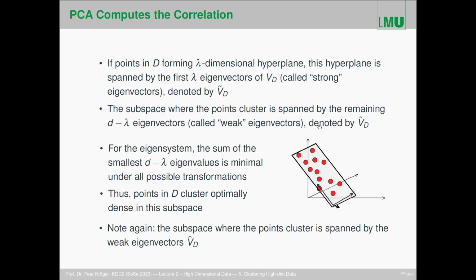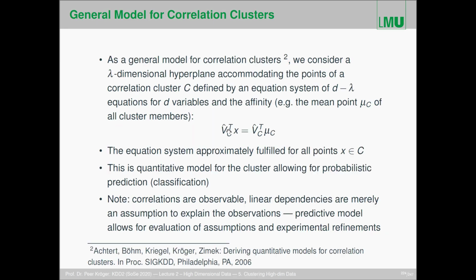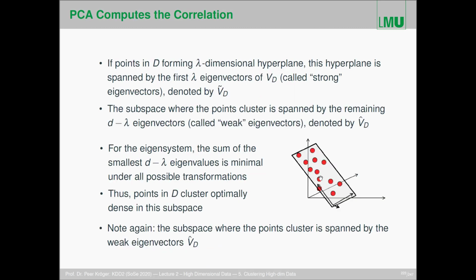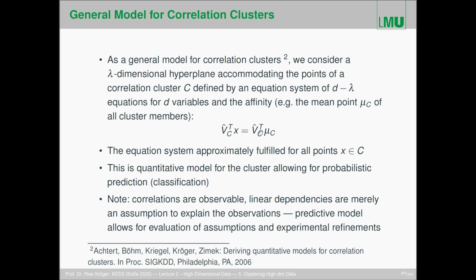So we take all the weak eigenvectors from here, and the x's are actually the points, the cluster members, and this is the affinity. And all the points that lie on the same hyperplane, so if the points lie perfectly on the same hyperplane, all those points fulfill this equation. Yeah?